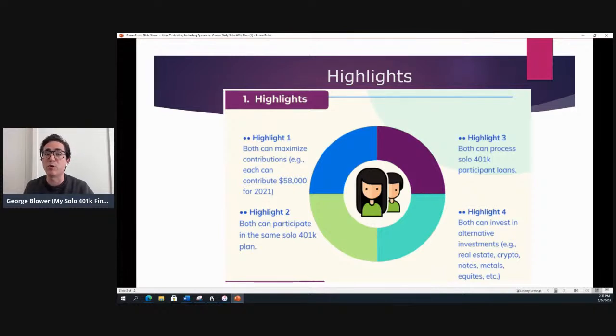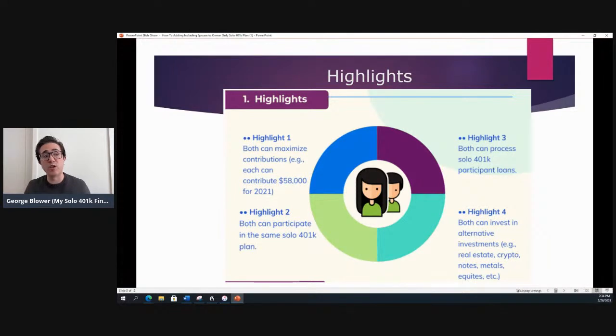So it's based off of each person's own self-employment compensation. It's also based off of other factors, like the age of that spouse, and whether that spouse is making contributions to another plan. But assuming that each spouse has the self-employment income to justify it, each spouse can contribute up to the overall limit, which for 2021 is $58,000.